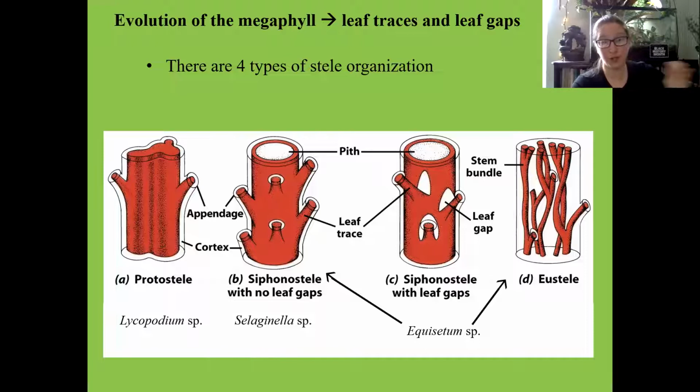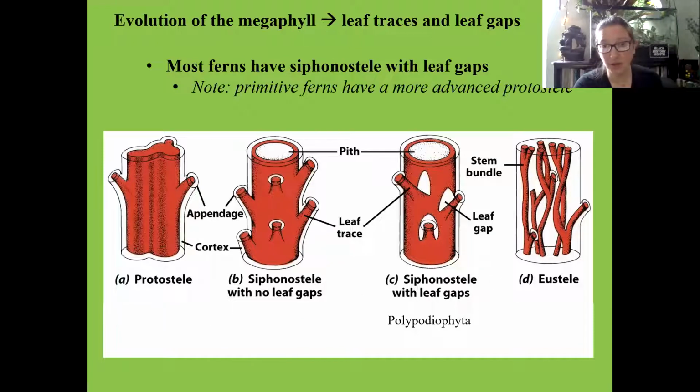And now we're in the ferns. And so most ferns have a siphonostele with leaf gaps, which is this third one here, right? Siphonostele with leaf gaps. And although some primitive ferns have kind of like more of an advanced protostele, most of them have this siphonostele with leaf gaps.